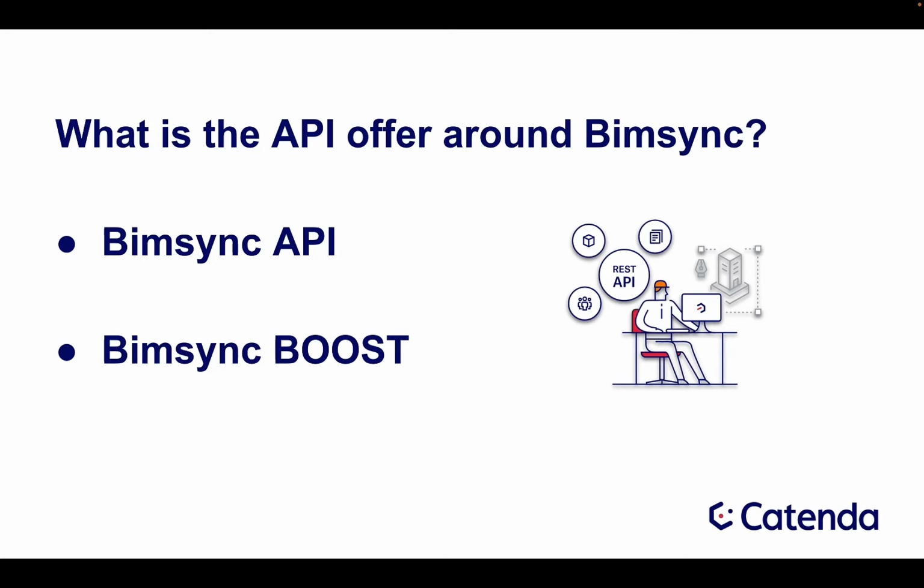Then they will have a specific contract with us, and that's called Bimsync Boost. And lastly, we also have another API called the private API, which is the API that we use internally to make different services communicate together.